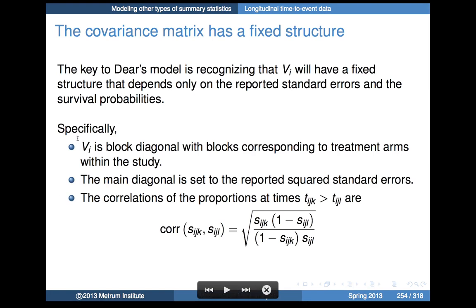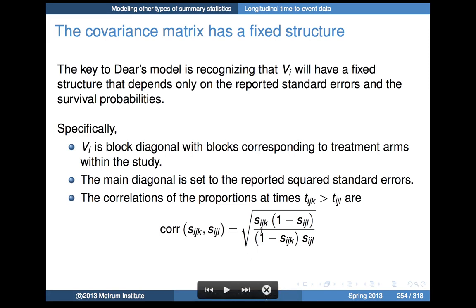But he works out the fact that the correlation between any two survival probabilities on those Kaplan-Meier estimates at 2 times Tijk and Tijl, where the kth time point is bigger than the lth time point, looks like this.